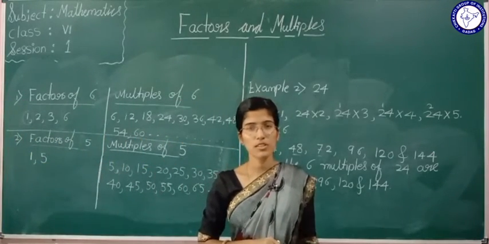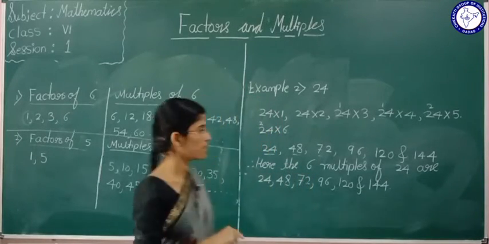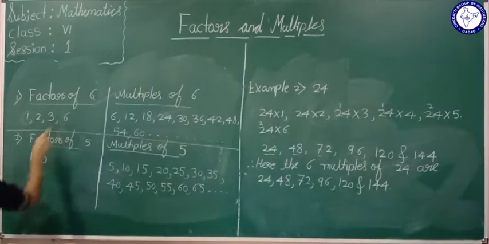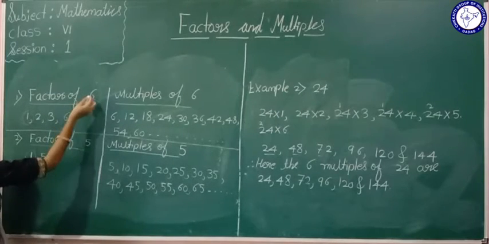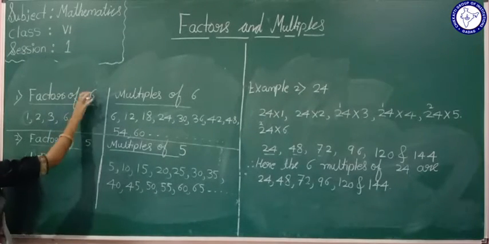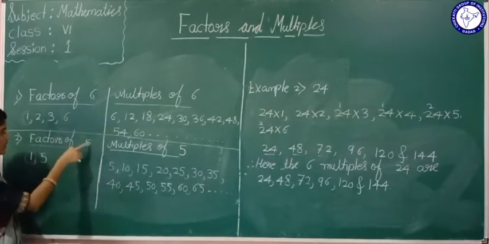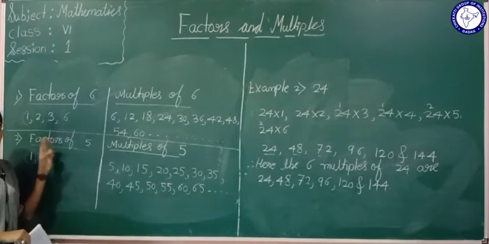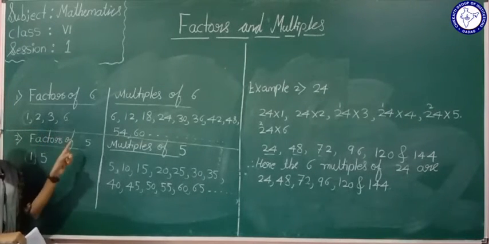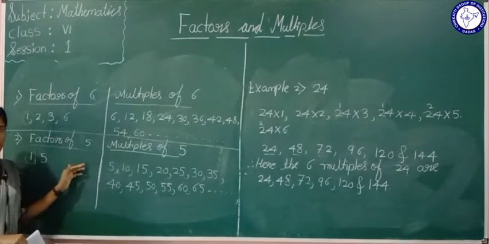Yes, because 100 divided by 1 is 100. This is the first point. Second point, the number itself is also a factor. Here 6 is a factor of itself, and 5 is a factor of itself. So we have concluded two points: 1 is a factor of every number, and that number itself is also a factor.